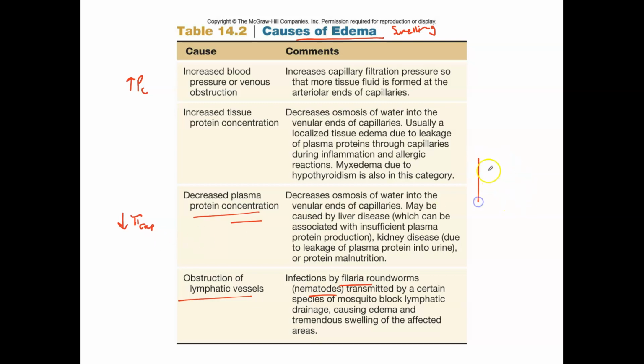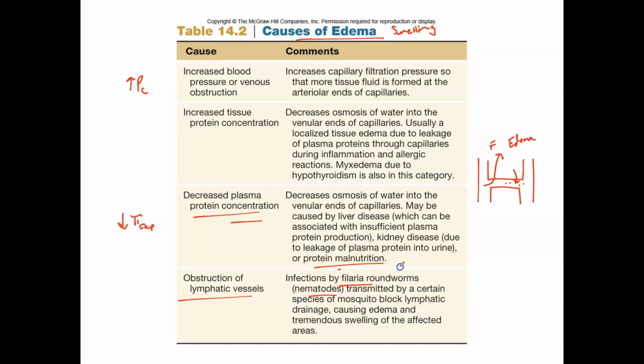So again, if we were to do a visual of this, we have filtration, fluid going out. But if there were less proteins on the venule side to draw that fluid back in, so less absorption, you're going to have an accumulation of fluid. So we get edema out in these tissue spaces because we're not drawing that fluid back in.